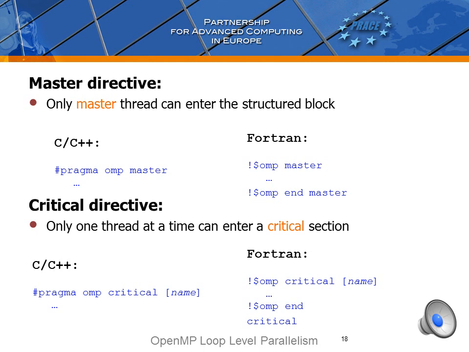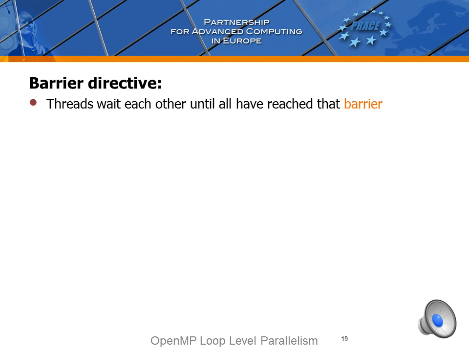All critical regions without a name are treated as the same section. The barrier directive synchronizes the thread team by causing them to wait until all other threads have reached that point in the code. All threads then continue executing the code in parallel, following the barrier.